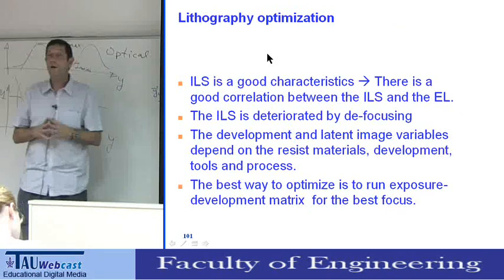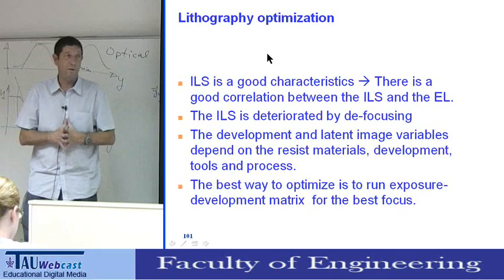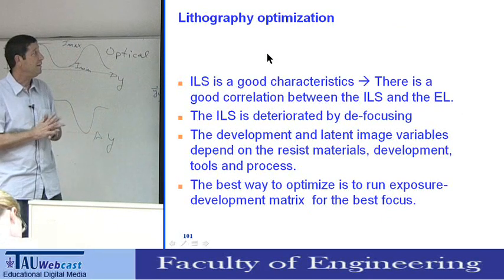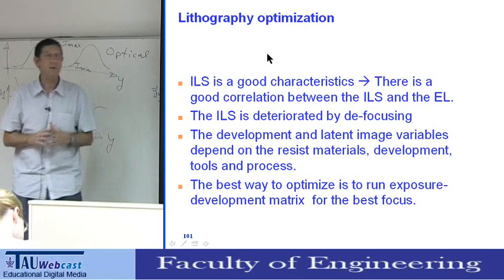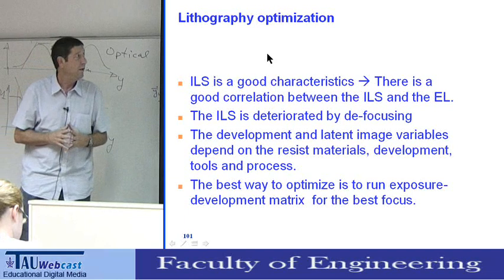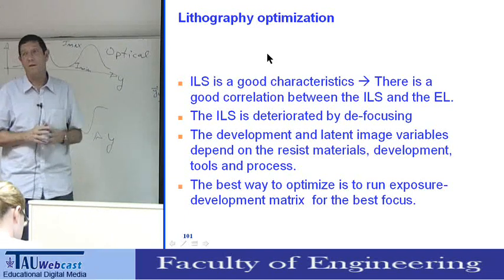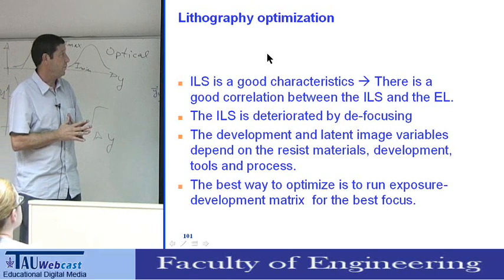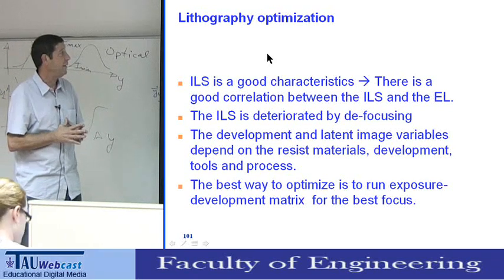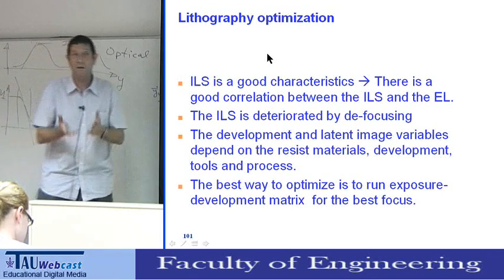So if I conclude, if I want to get good lithography, first, the ILS, the image log slope, is a good characteristic. There is a good correlation between the ILS and the line width and the image. The ILS is deteriorated by defocusing, but this is normal.